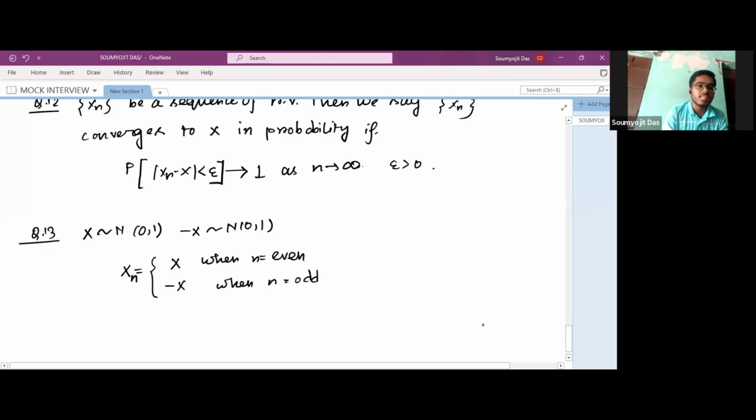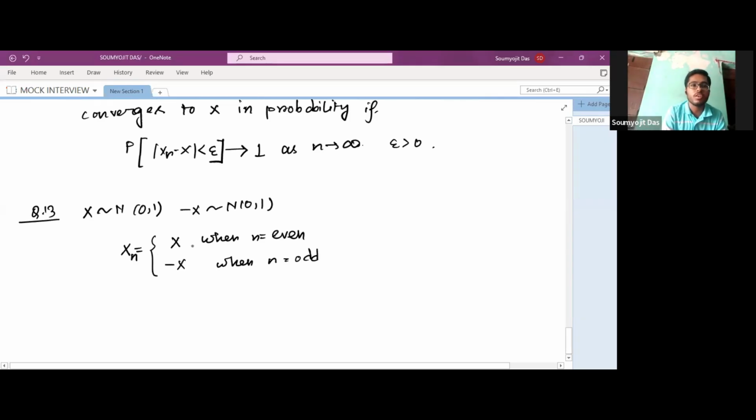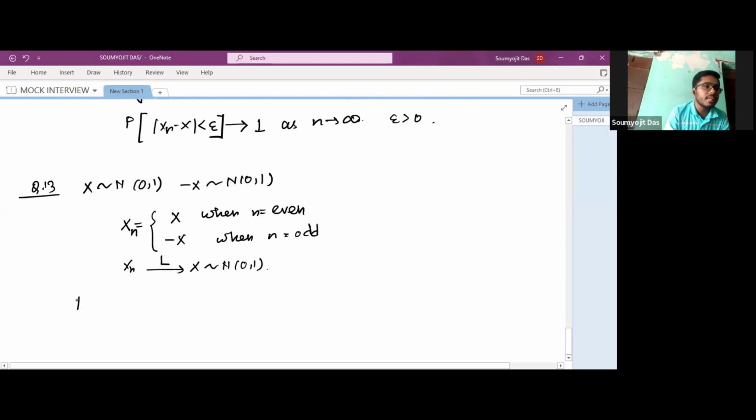In that case, for all n, it will always be normal 0-1. So it will always converge in distribution to X following a normal 0-1 distribution.